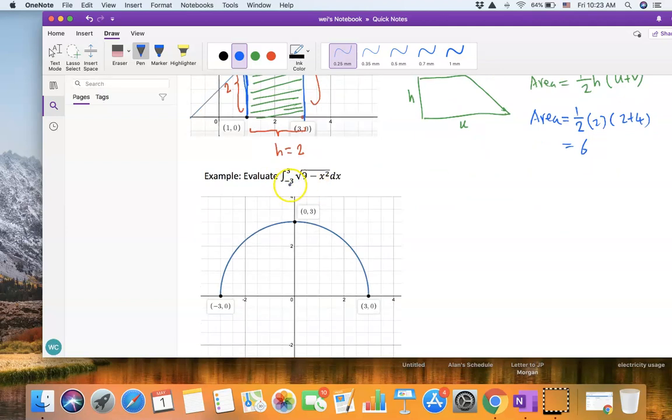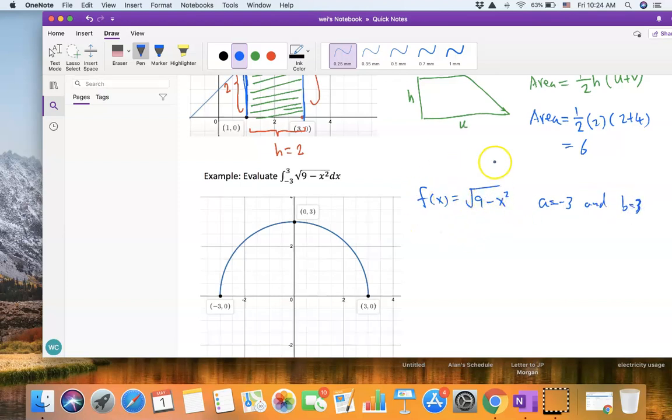Here we want to evaluate the integral from -3 to +3 of the square root of 9 minus x squared. In this case, the function f(x) is the square root of 9 minus x squared, and a equals -3 and b equals 3.